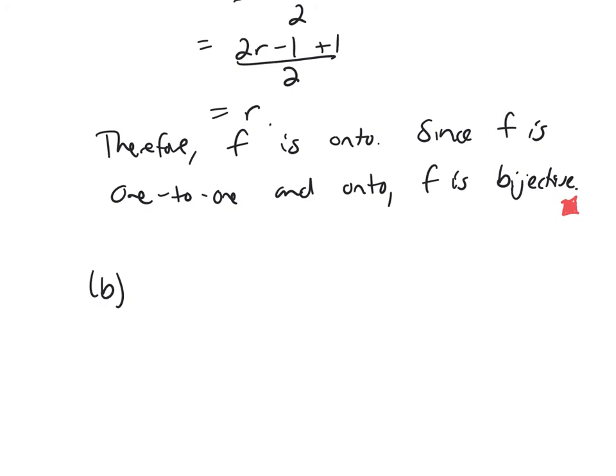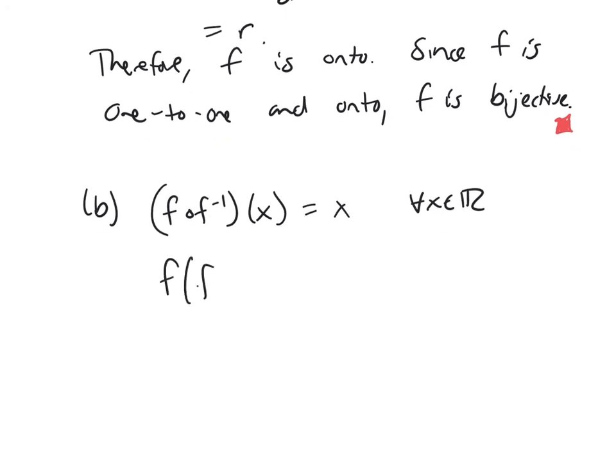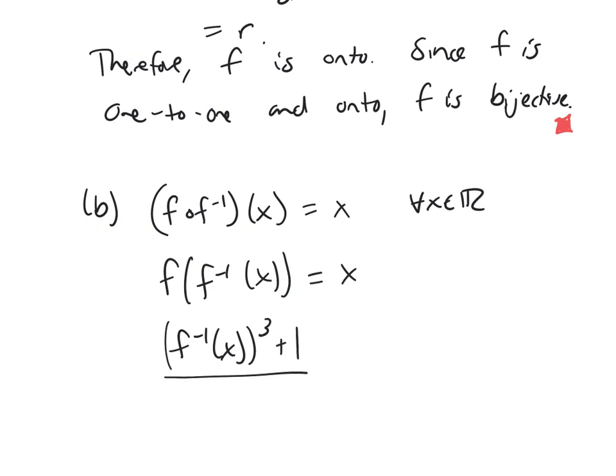So f composed with f inverse, remember this is the identity function, so when I input x, it outputs x. f of f inverse of x. So (f inverse of x cubed plus 1) over 2 equals x.